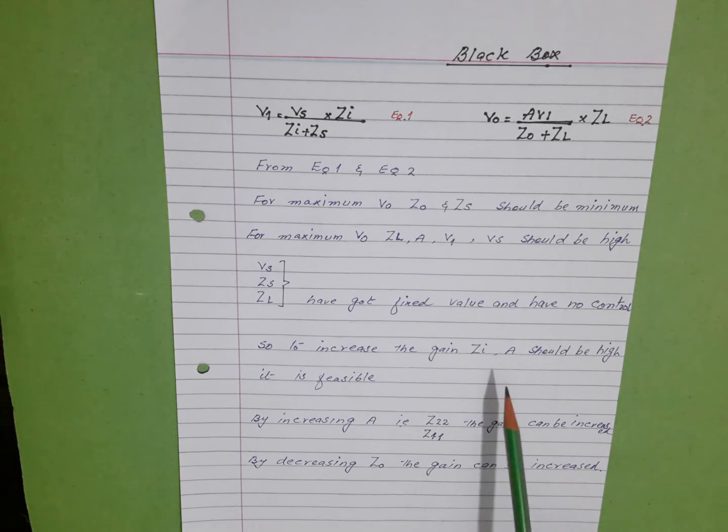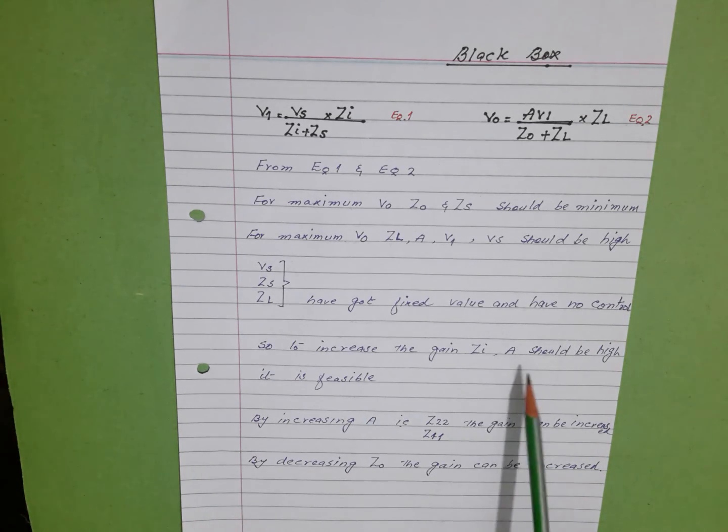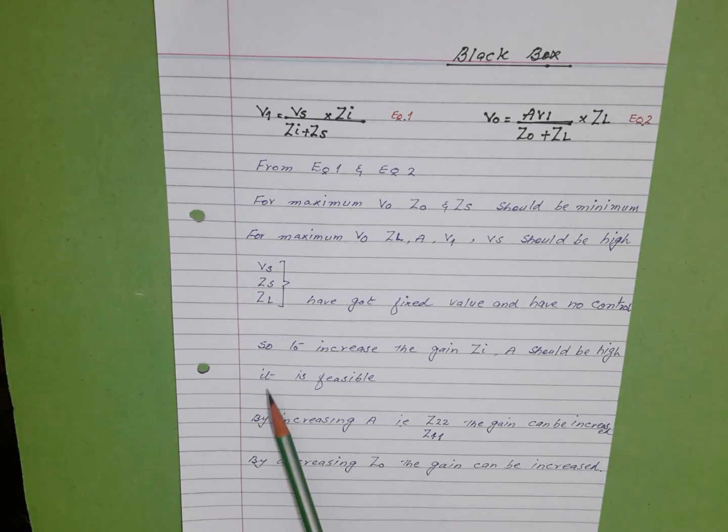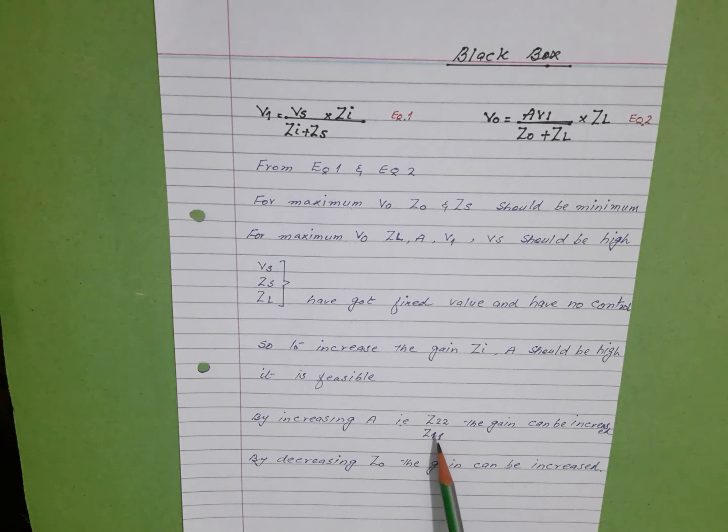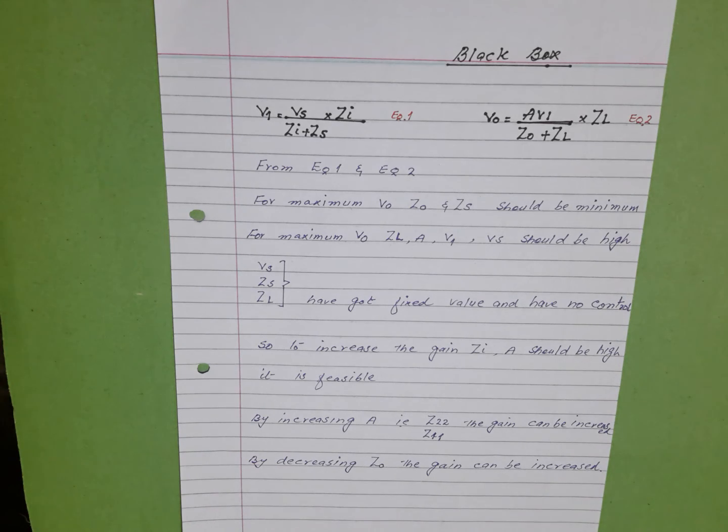So to increase the gain, Zi or A should be high. It is feasible by increasing A, that is the ratio of Z21 to Z11. Or by decreasing ZO, the gain can be increased. Why? Because when we decrease ZO, it is going to drop less voltage and most of the voltage will appear in the output. That's all. Thank you very much.